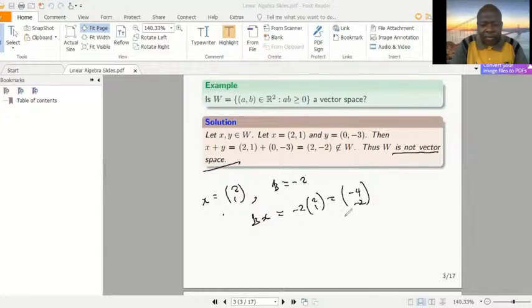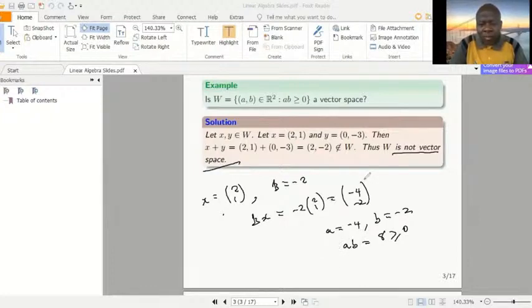So my A is -4 and my B is -2. What about the product? The product of A and B would be 8, which is greater than or equal to 0. So that means this third condition would be satisfied.